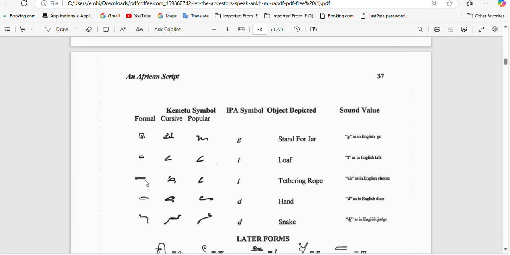Then you have a tethering rope. You see it here. This also represents the IPA symbol T, but it's pronounced ch as in choose. You have a hand. You see it in all three scripts. It's D as in door. You have the snake. See it in the other two scripts. It's Dj as in judge.